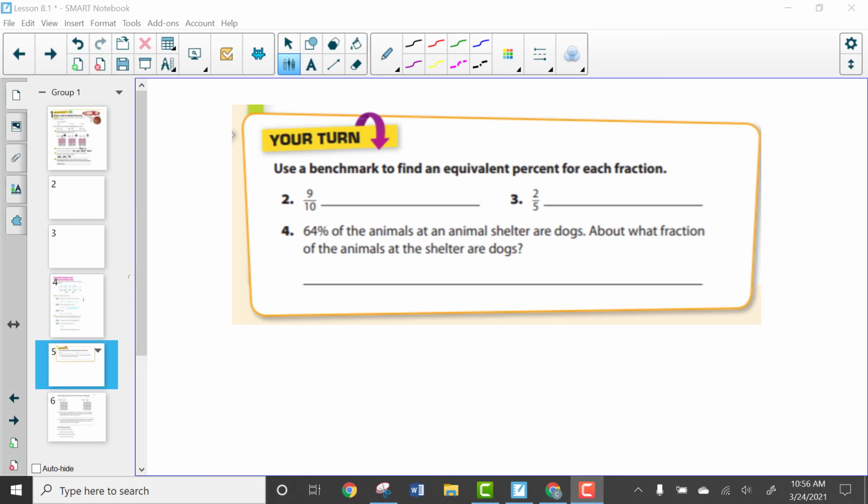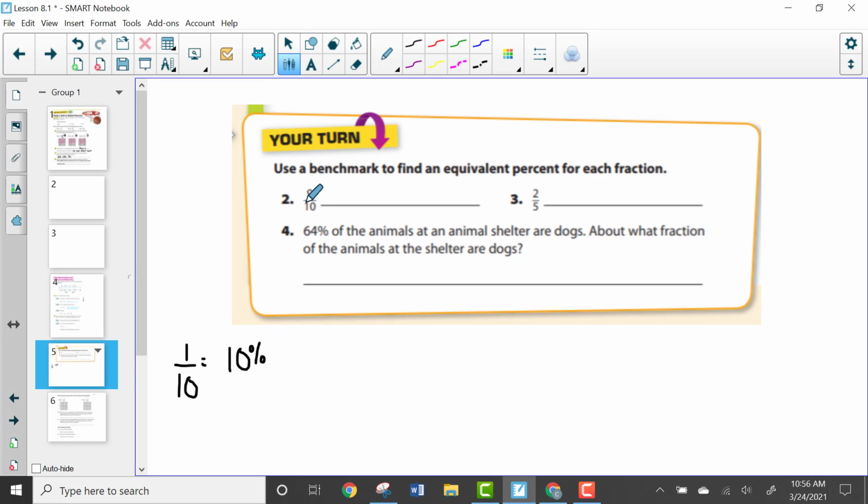Let's look at page 206, which says to use a benchmark to find an equivalent percent for each fraction. Here we have 9/10, and we think about the benchmark fraction of 1/10 being equal to 10%.